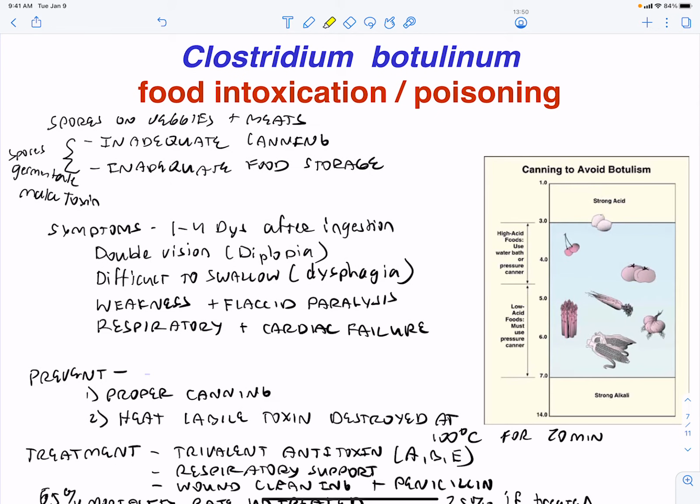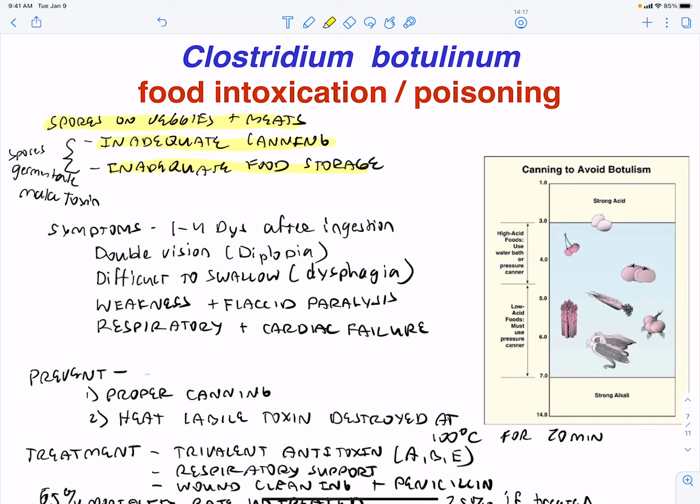All right, so foodborne intoxication or poisoning is when you have ingestion of the toxin. So in general, botulinum toxin is everywhere in the environment, and it can get on both meats and vegetables. It has also been associated with improper treatments of food, such as inadequate canning of food products or inadequate food storage of products.